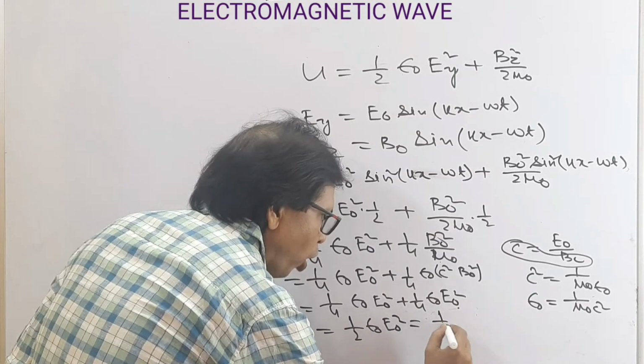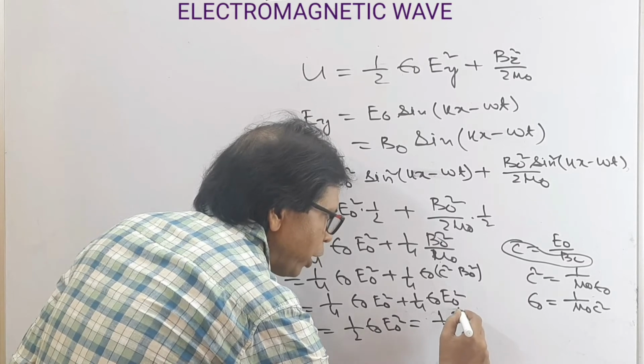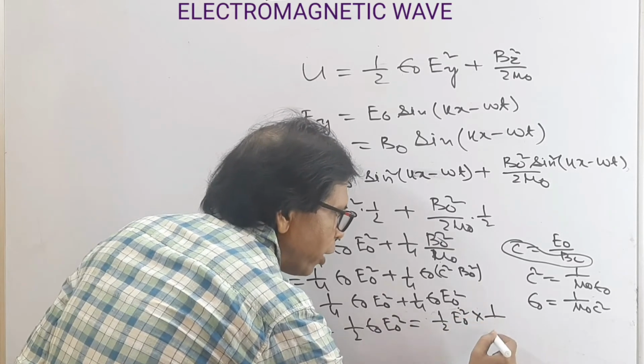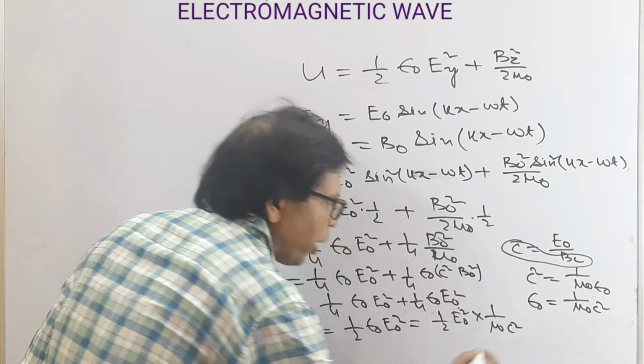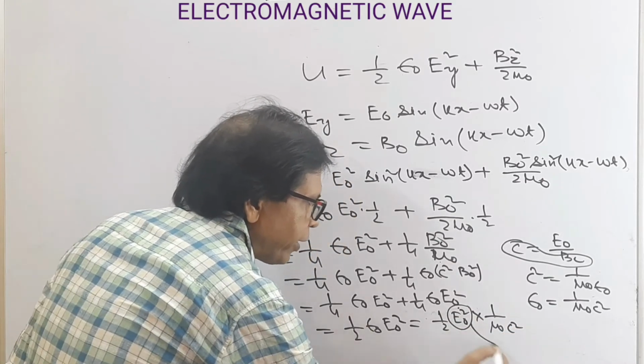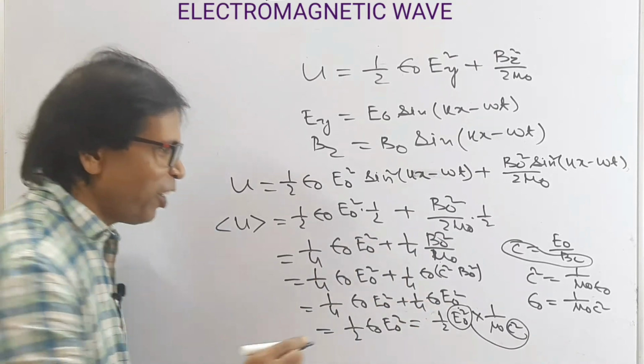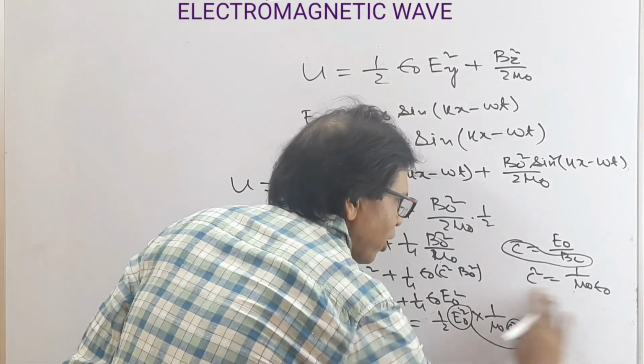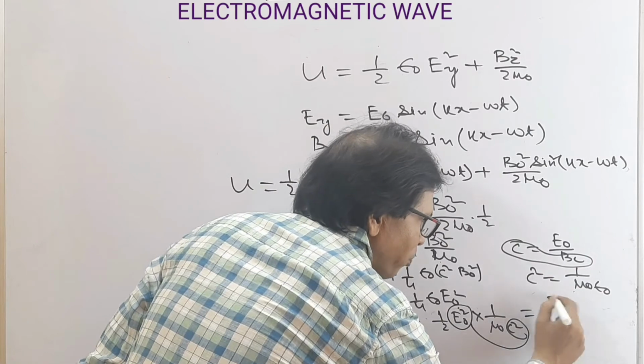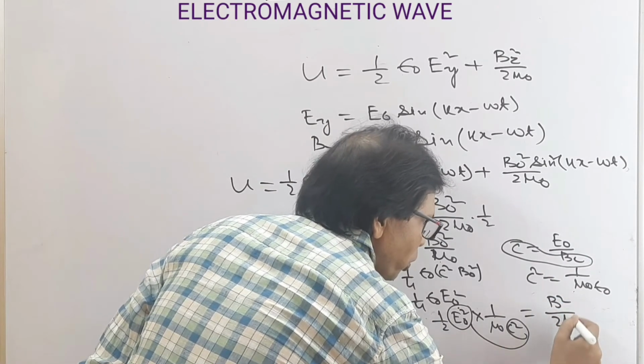Now half of this, E naught square into 1 by mu naught c square. Now this, by this square, is equal to B naught square. So this is B naught square by 2 mu naught.